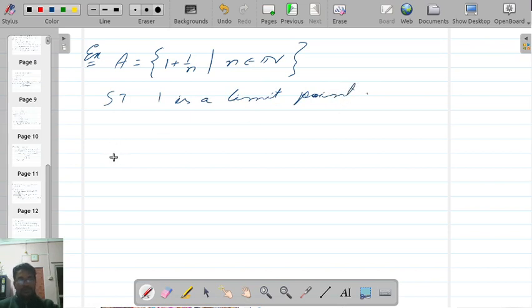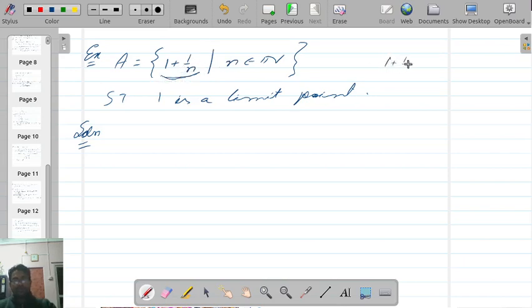Okay, how to show this? Let us try this. It's almost similar. Whether 1 is a member of this set: if you take n equal to 1, it's 2. If you take n equal to 2, it's 1 plus half, that is 3 by 2. So like that, 1 is actually not a member of this set.